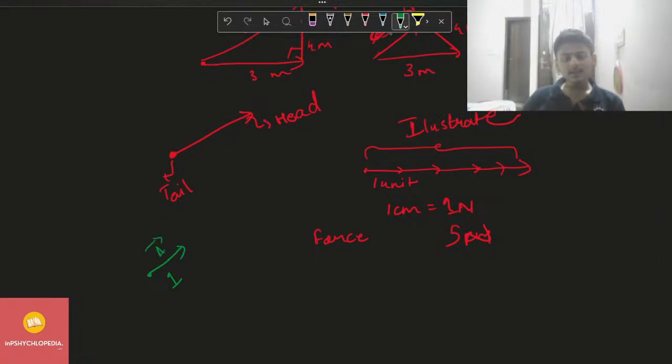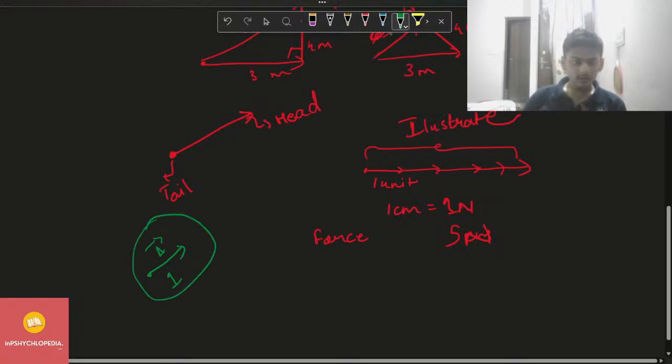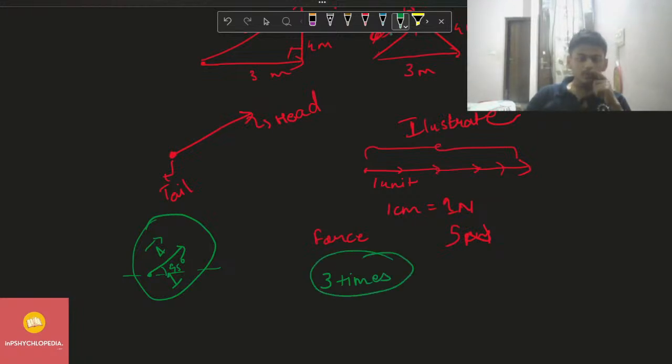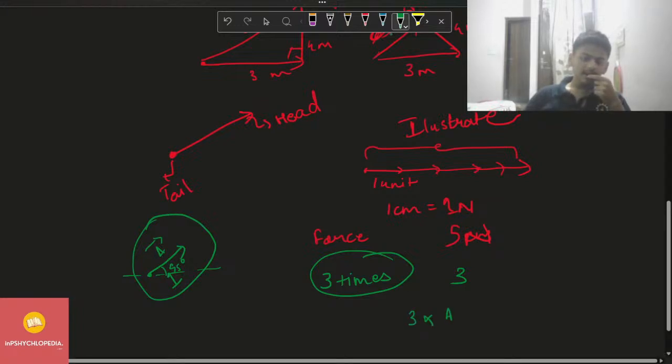Any vector in this direction, let's say this is 45 degrees, looks more like 45 degrees than 60 or 30. If we have to represent any other vector which is 3 times this, which has a magnitude of 3 but the same direction, we can just write 3 into a vector.